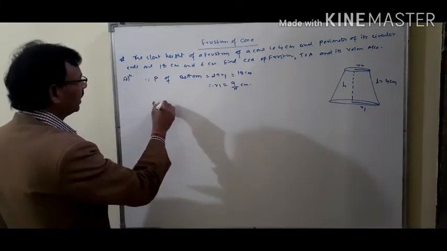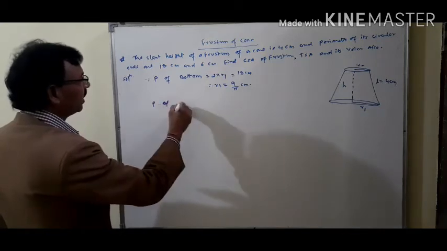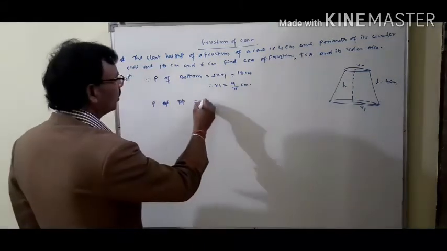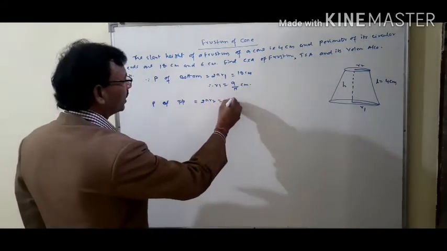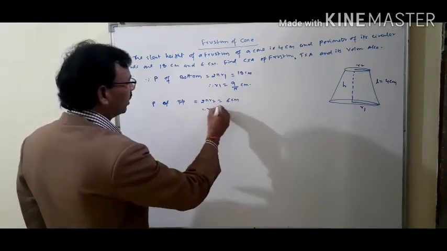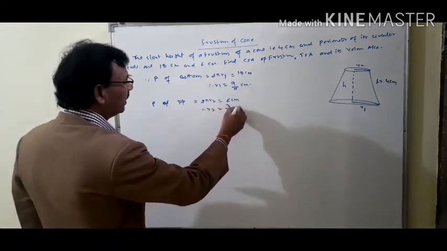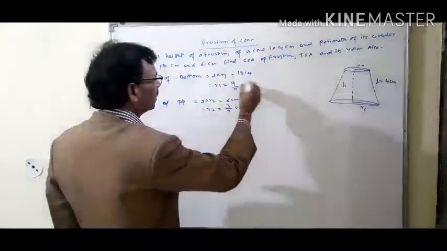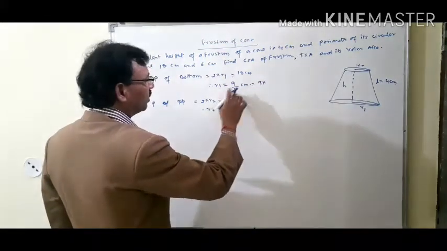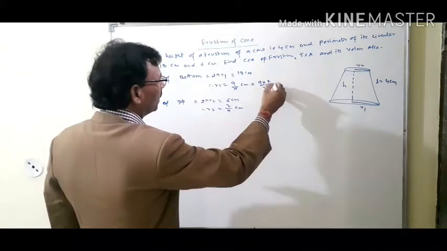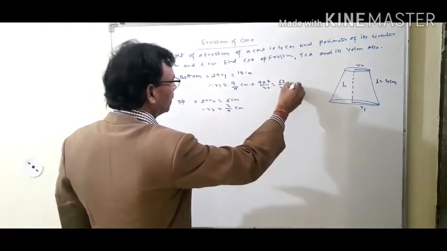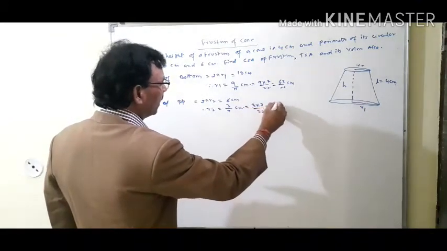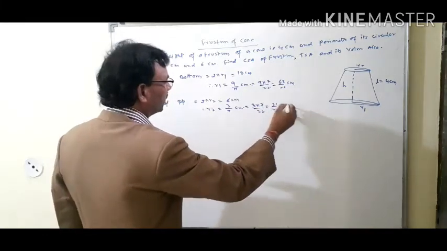Perimeter of the top, 2 pi R2 equals 6 cm. Therefore R2 equals 3 upon pi centimeter. If we solve this with pi as 22 upon 7, R1 is 63 upon 22 centimeters and R2 is 3 into 7 upon 22, that means 21 upon 22 centimeters.